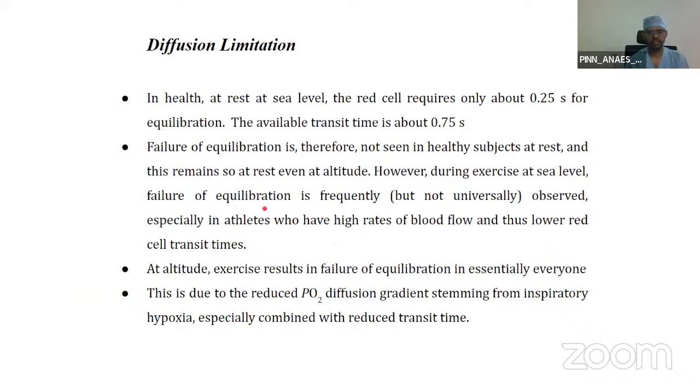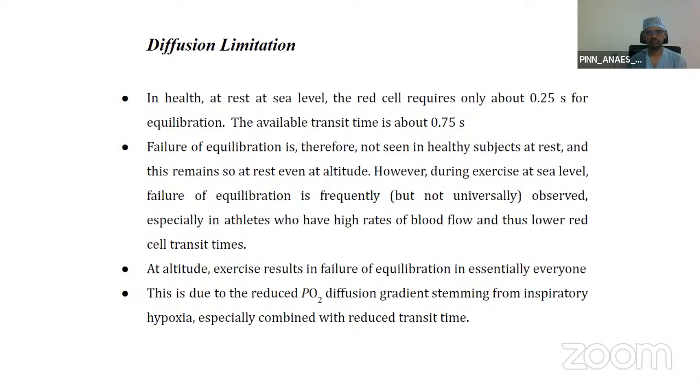Again, in health and at rest and at sea level, the red cell requires only about 0.25 seconds for equilibration. The available transit time is about 0.75 seconds. Failure of equilibration is therefore not seen in healthy subjects at rest, and this remains so at rest even at altitude. However, during exercise at sea level, failure of equilibration is frequently observed, especially in athletes who have high rates of blood flow and thus lower red cell transit times.